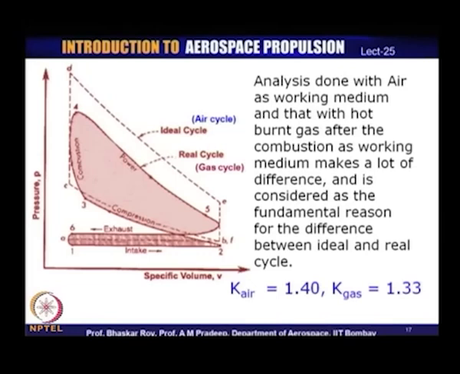When you factor them in your thermodynamic cycle calculations, you will find there is a big difference between the use of these two values in the power calculation or pressure ratio calculation. As a result, there is a big difference between these two areas, due to the simple fact that you do not have air here, what you have here is gas.